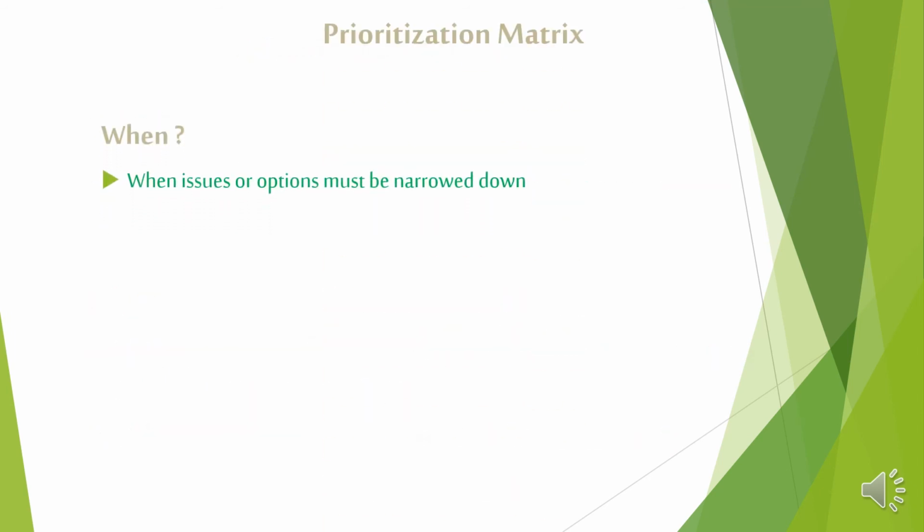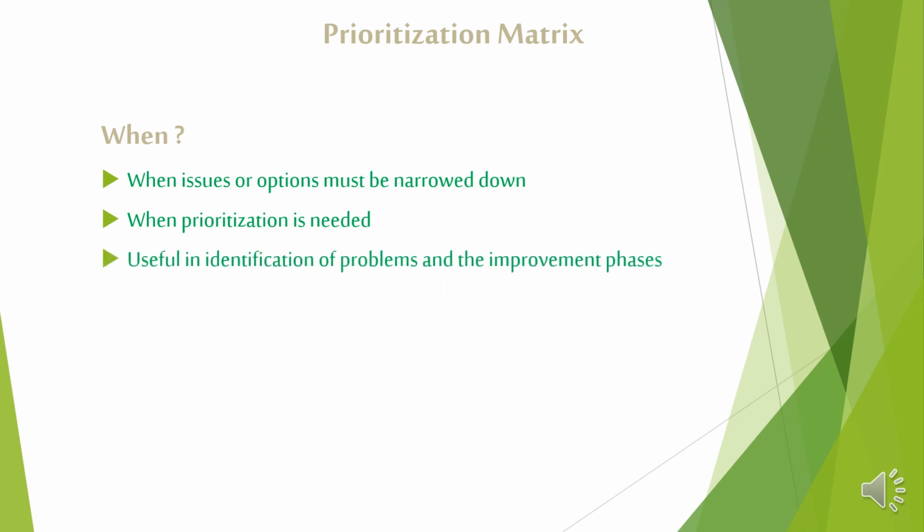When to use it? When issues or options must be narrowed down. It's too much, we don't know how to start. So if we want to narrow it down to start to work, put in the prioritization matrix. Also when prioritization is needed, if you want to prioritize something before another thing. It's useful in identification of problems and improvement phases. How to do it?